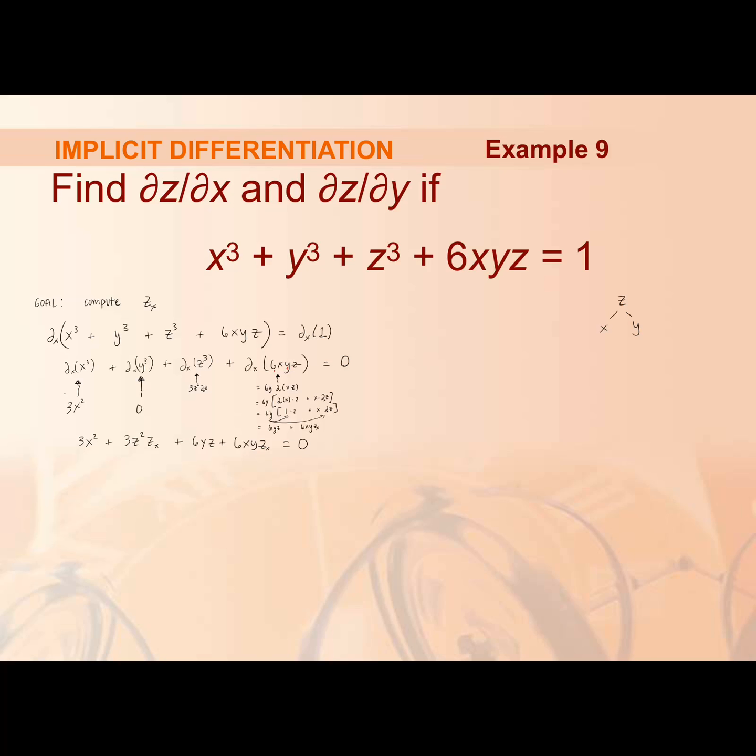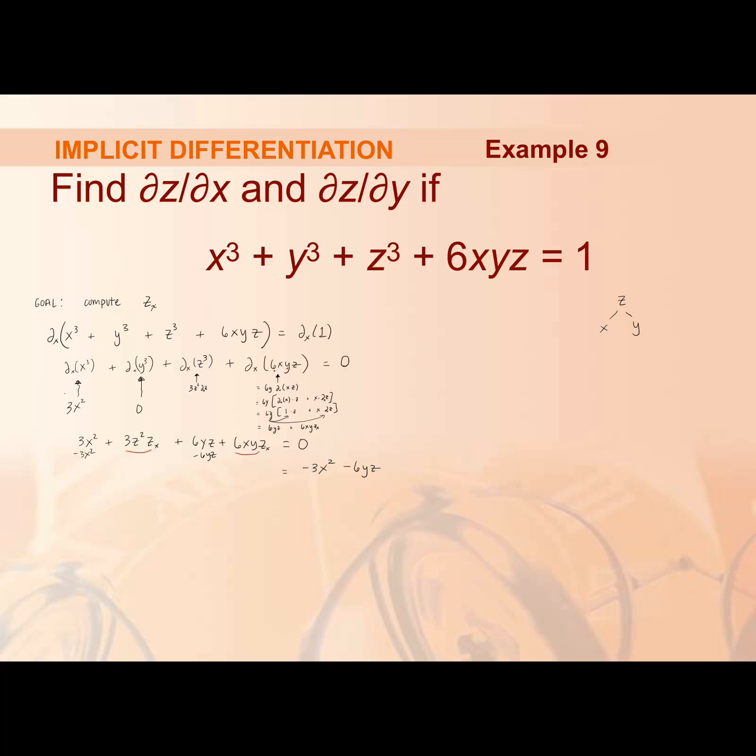So my goal, remember, is to compute z_x. So I'm now going to solve for z_x. How am I going to do it? I'm going to subtract 3x squared from both sides. I'm also going to subtract this 6yz. The reason why is because, look here, this term involves z_x, this term involves z_x.